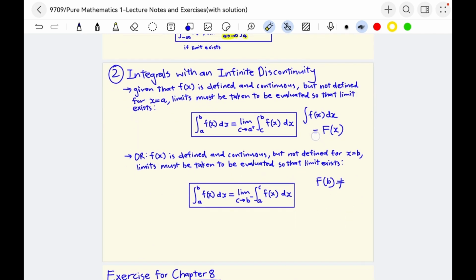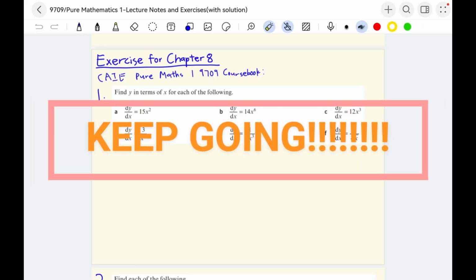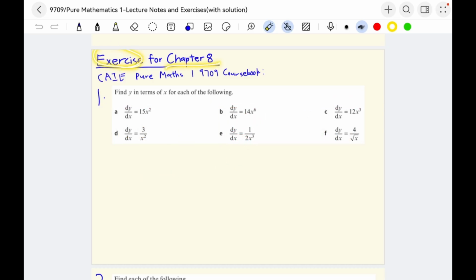Since we finished all the lectures, but not so fast, we still have to go through our exercises. Let's proceed to the exercises, shall we? Guys, keep going, last already, please. Alright? So these are the exercises for chapter 8 before we end the pure mathematics 1 journey. Okay?